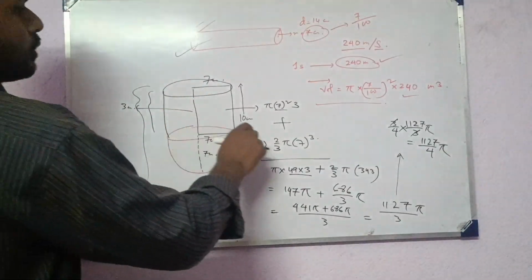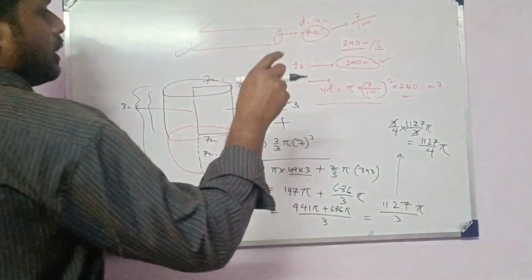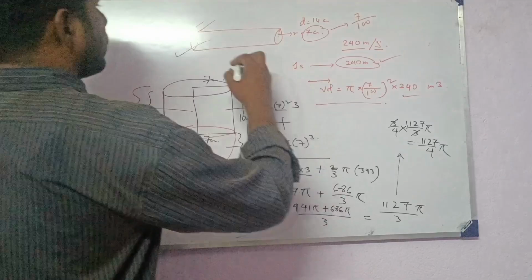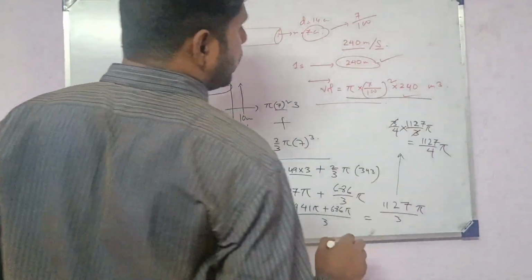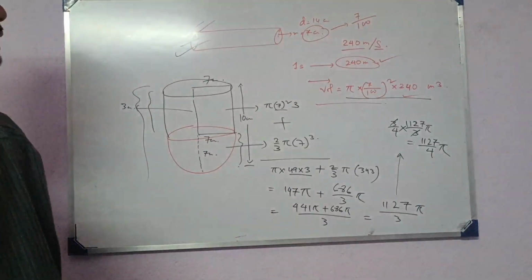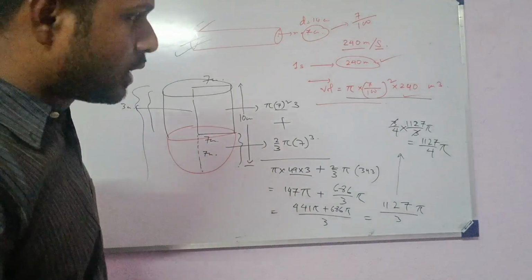So 3/4 of this is 1127 by 4 pi, and this volume of water is delivered by the pipe at the rate of this volume per second. Per second this much. Now you have to find the time required.